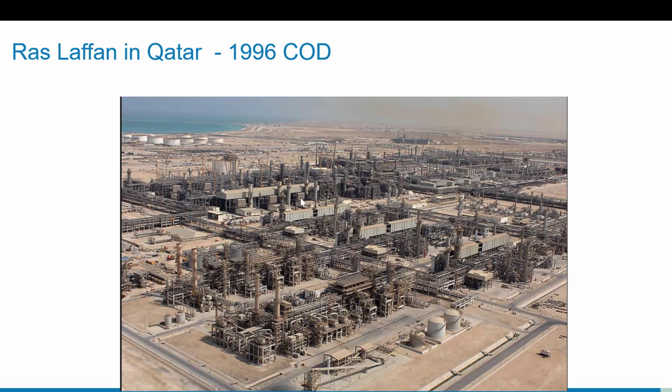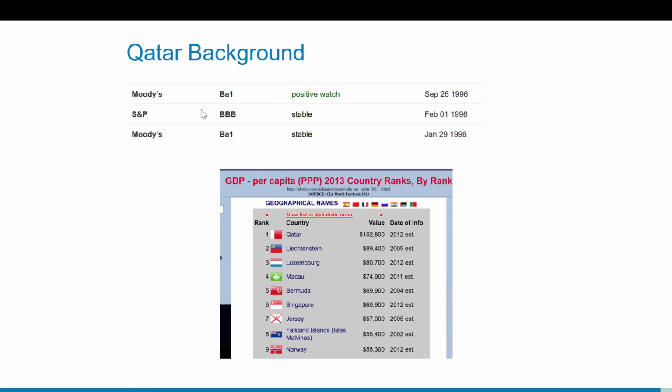Okay, so in Qatar, they're having the World Cup now, but before 1996, I don't think they were even rated. Maybe I could be wrong, but they were below investment grade. This is Ba1. It's close to being triple B, but they were below investment grade.